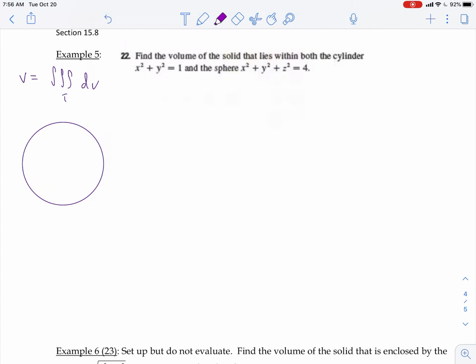So here's our sphere. Inside this sphere, and I'll go ahead and color it in, with the radius of 4, inside that we have a cylinder of radius 1, that is cutting through that circle.